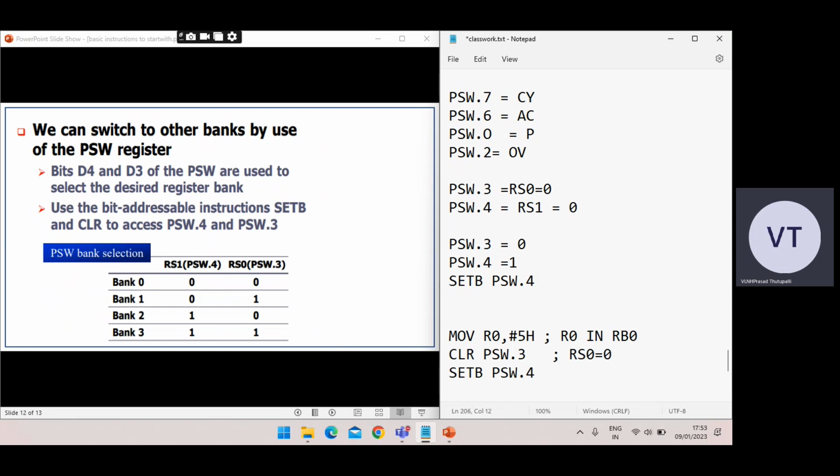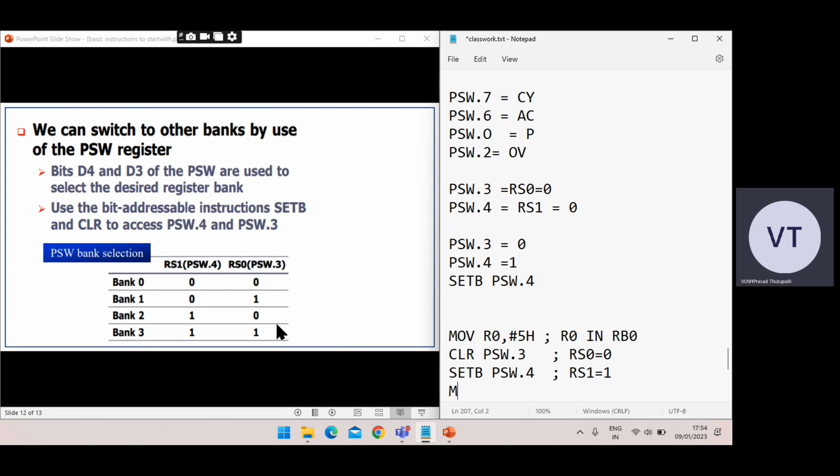And by writing SETB PSW.4, register select 1 has become 1. With RS1 equal to 1 and RS0 equal to 0, the register bank under usage is bank 2.